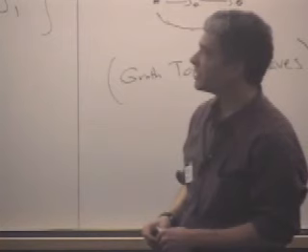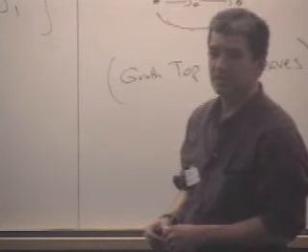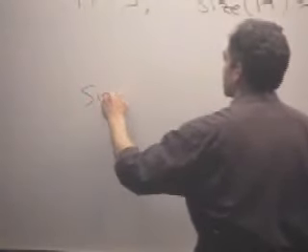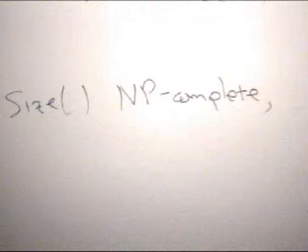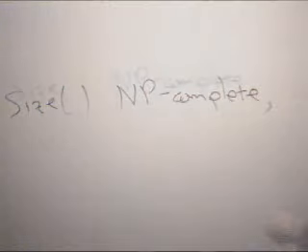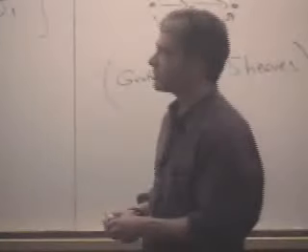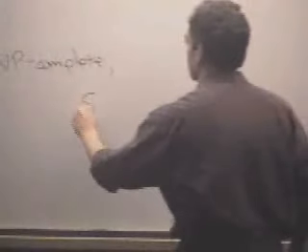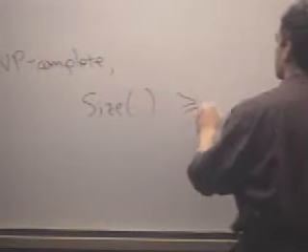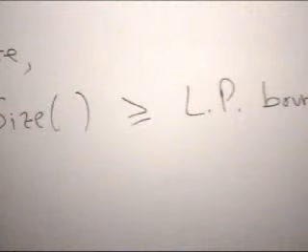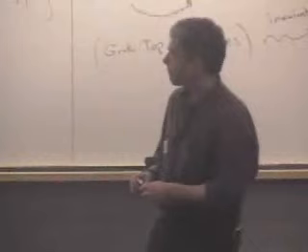So for complexity theory, this may look like a toy question. Size is NP complete, first of all, to compute. Secondly, there's a lower bound for size, which is given by a linear programming bound, which is just the relaxation of the integer programming bound. And it's not too far off from the truth.